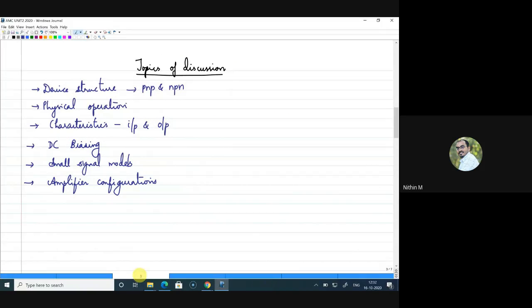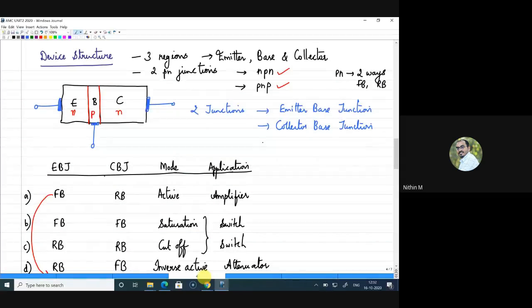Then we looked at the topics we will see in this unit, and then we came to the device structure. We understood there are three regions, two PN junctions which can be biased in four ways, and that leads to four different modes of operation and respective applications, right?